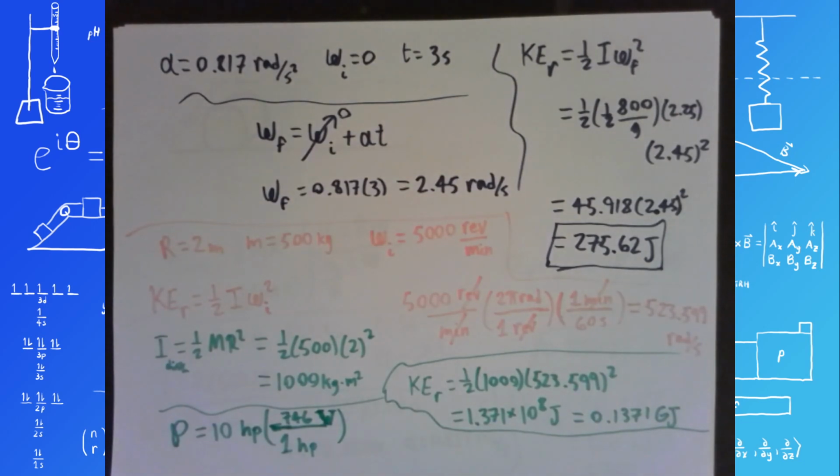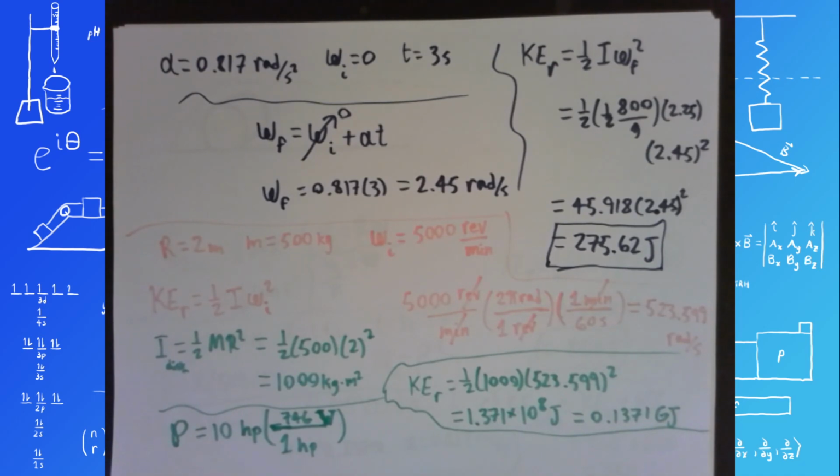Right? Wait, I feel like I might be getting that wrong. Let me double check with Google real quick. Horsepower to joules. Or not to joules, to joules per second. Yeah, 746, or 745.7 if you want to be more precise.